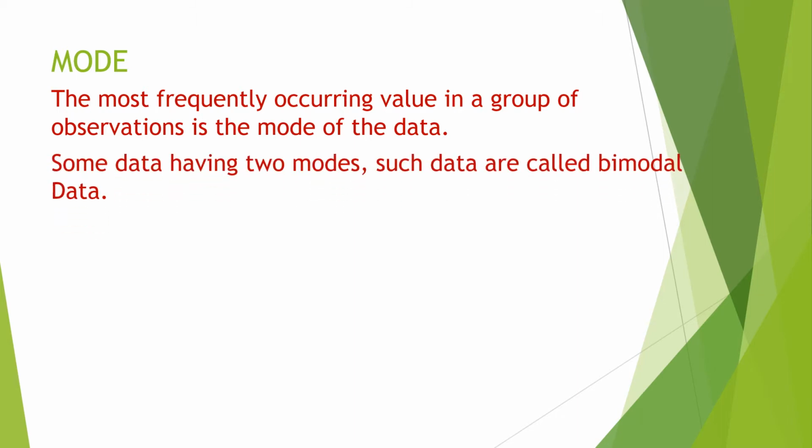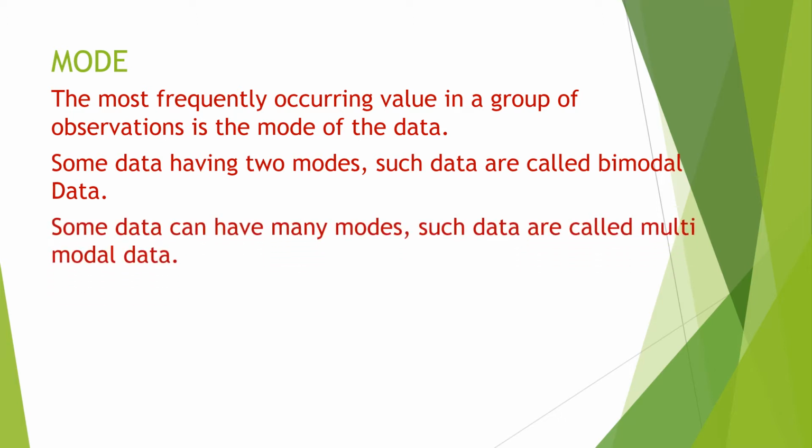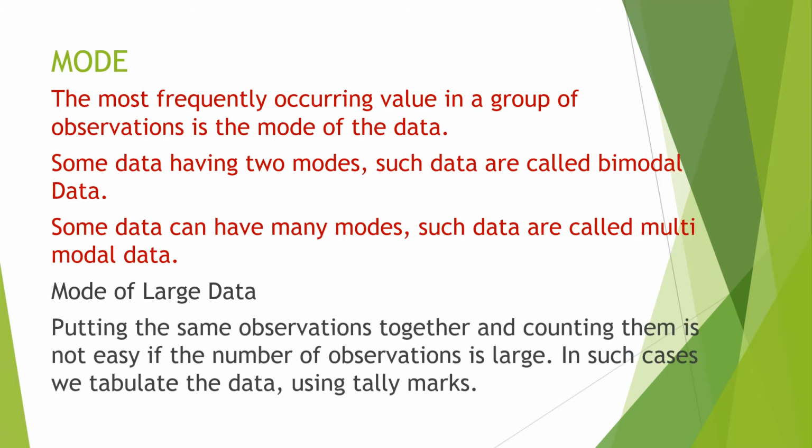Some data have two modes; such data are called bimodal data. Some data can have many modes, that means more than two modes. Such data are called multimodal data. Mode of large data: if the observations are large, how do we find the mode?